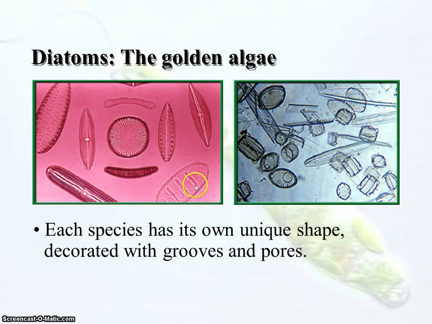They have little grooves on them, almost like a small sculpture created with carvings, grooves, and structures built into them. So these are our diatoms, mostly going to be saltwater, these golden algae.